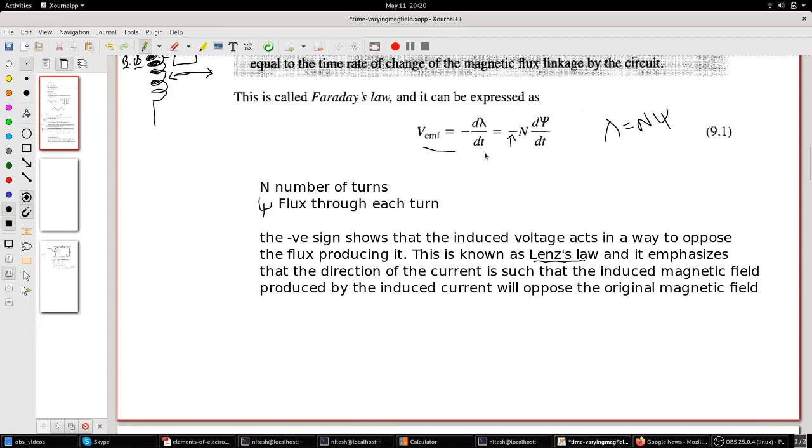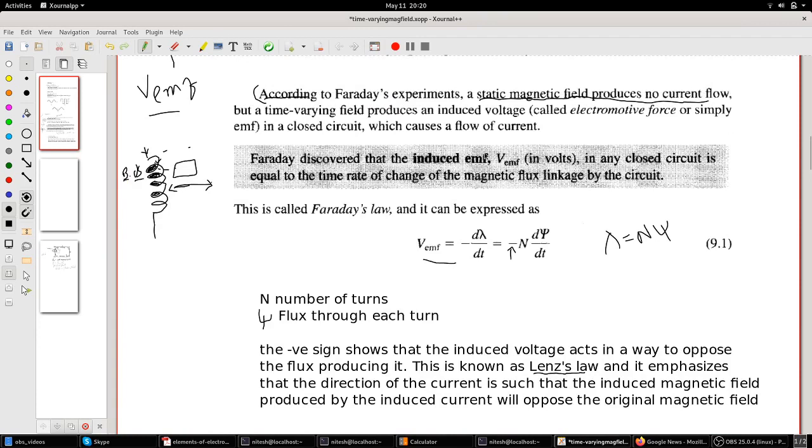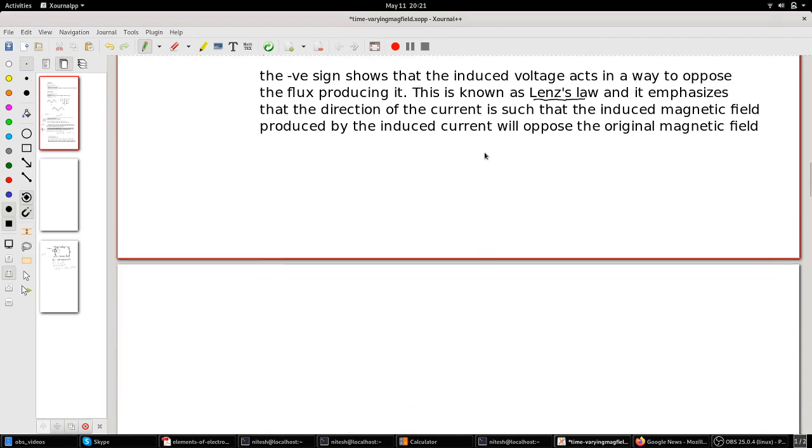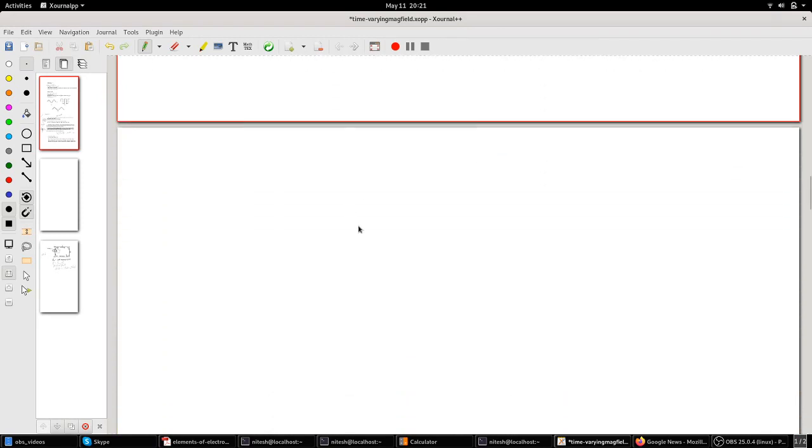So Faraday's law tells us that a changing magnetic field creates an induced EMF. But what Lenz's law tells us is the sign, the direction in which the current will flow because of the induced EMF. So think about a closed loop, some kind of a closed loop.